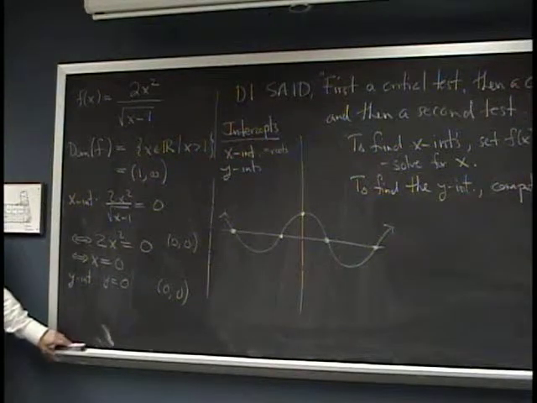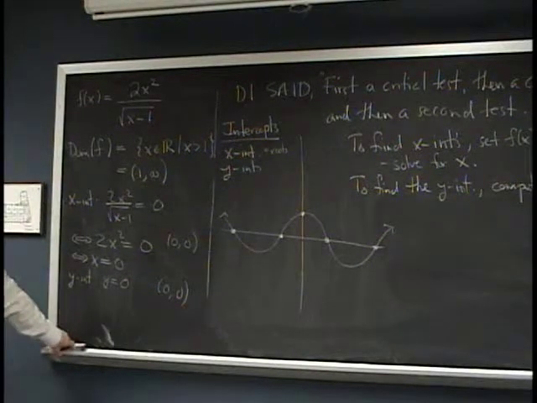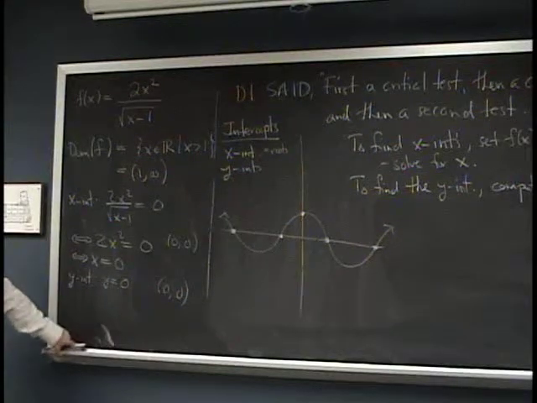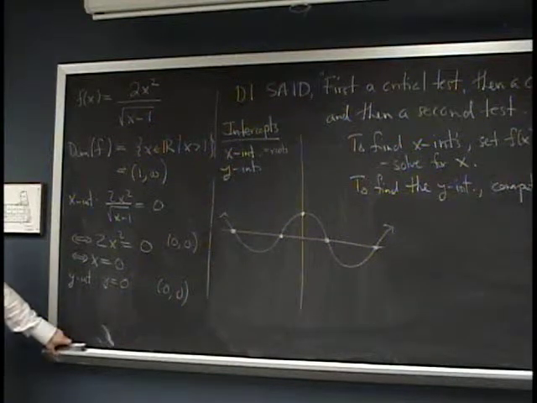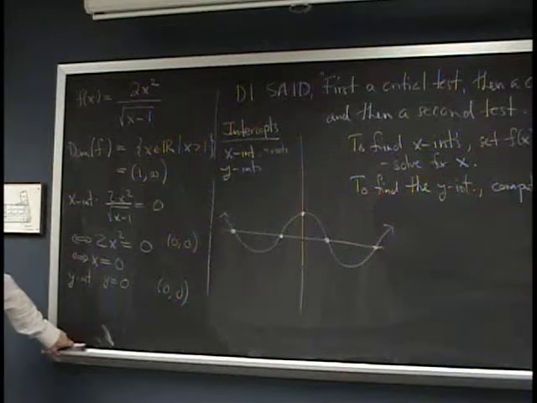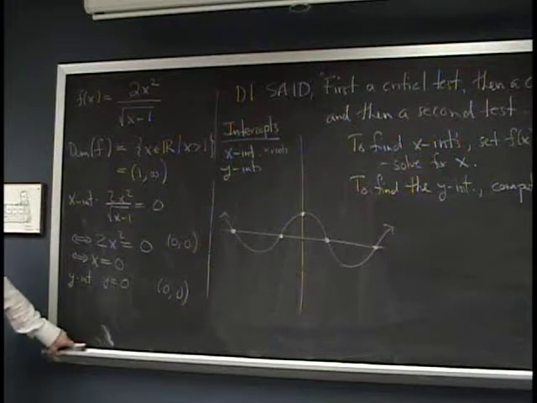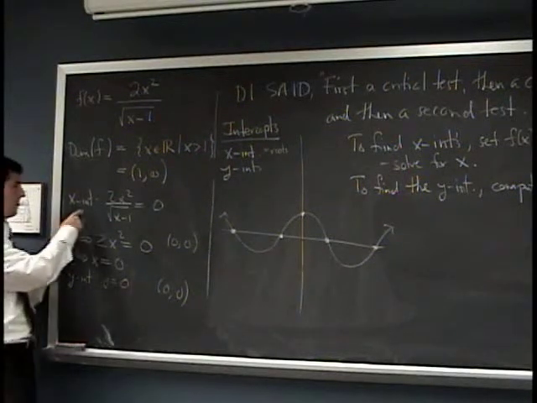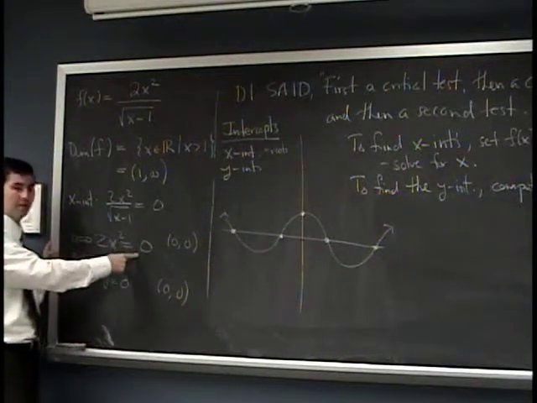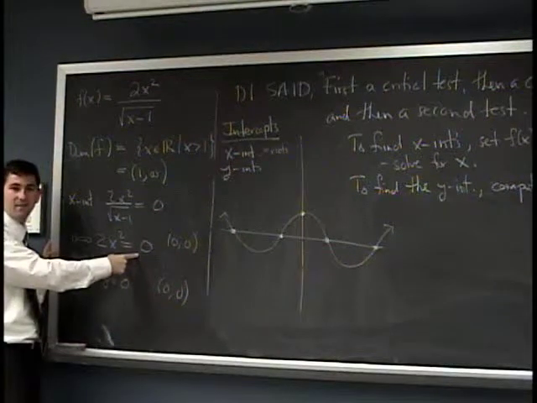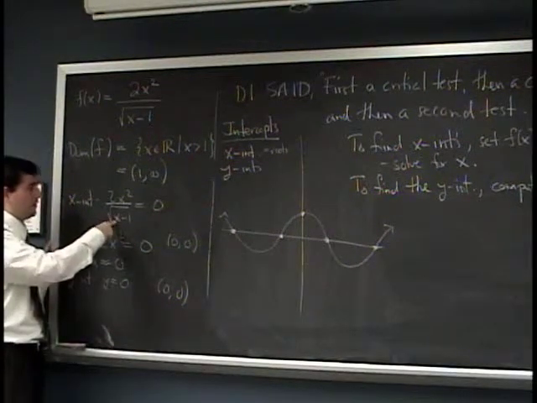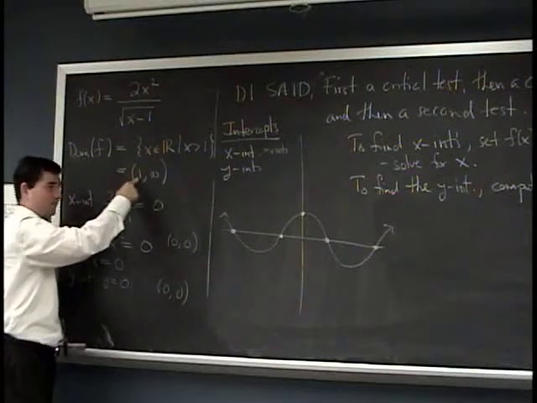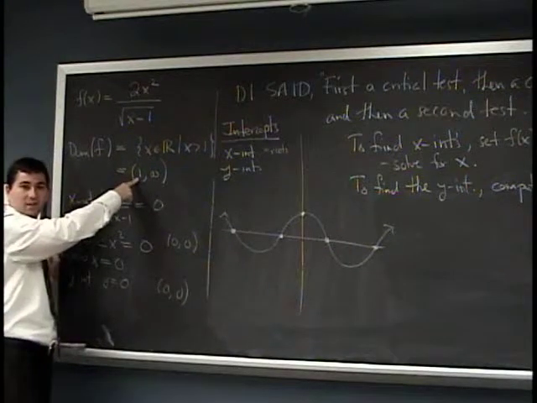Okay, any questions so far? Tom? For the x-intercept, since that's 0 and it's out of domain, do we still count it? Oh, excellent point. The x-intercept is outside of the domain. I can't put a 0 in here. We just said, you can't put a 0 into the function.